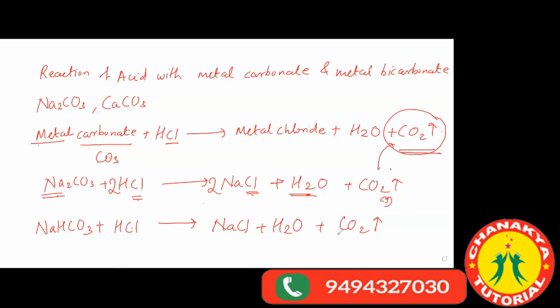No, ma'am, because here one hydrogen, here one hydrogen, here two hydrogen. One carbon, one carbon. Three oxygen here; here we can see one oxygen and two oxygen, three oxygen. Sodium, how many? One sodium here, also one sodium. Everything is balanced. So metal carbonate and metal bicarbonate, when they react with acid, will form metal salt, water, and carbon dioxide.